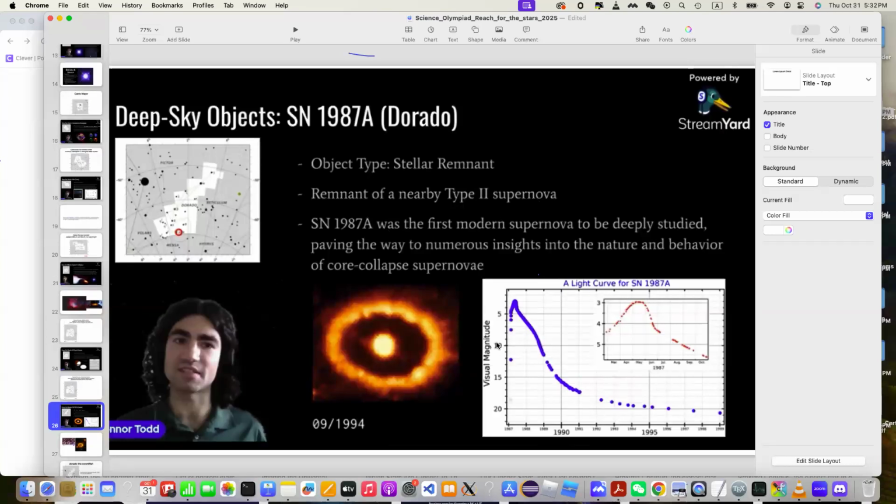So the light curve is very typical. You see a plateau over here. It was the first modern supernova to be deeply studied, paving the way to numerous insights into the nature and the behavior of core collapse supernovae. The ring is the material that was shed from the supernova.